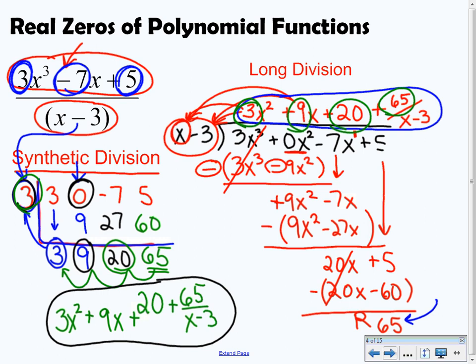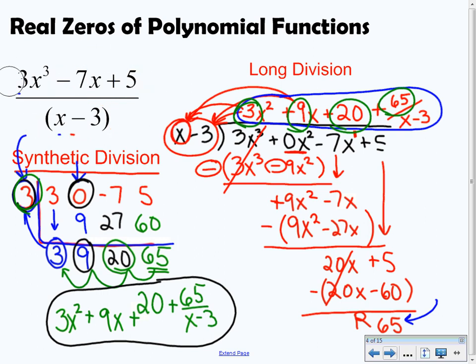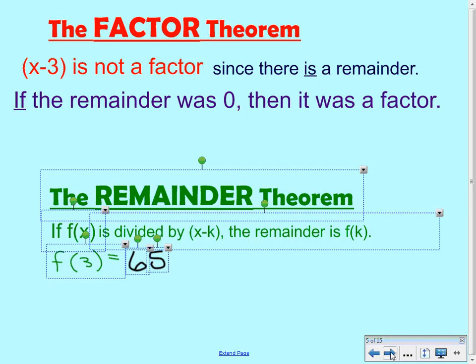Another way to kind of remember it is if you're dividing from the very beginning back here, if you're dividing 3x cubed by an x, then your leading term is going to have x squared because you're taking an x out of that 3. So your leading term is going to be x squared. That's another way to kind of remember how the exponents work. All right, so there's synthetic division and long division. A couple of new facts over here is that factor theorem.